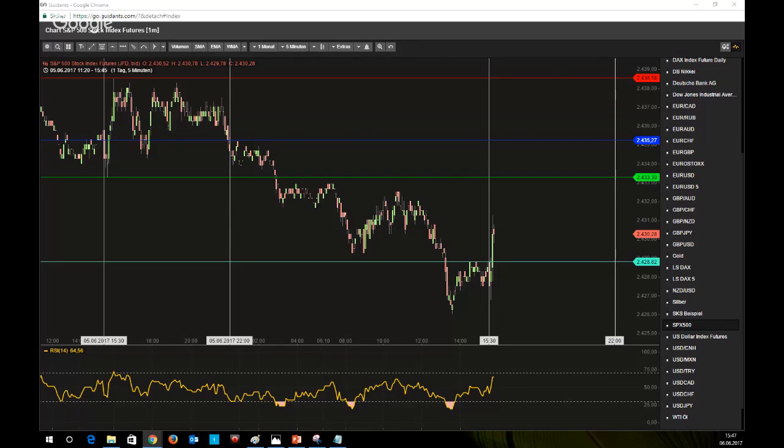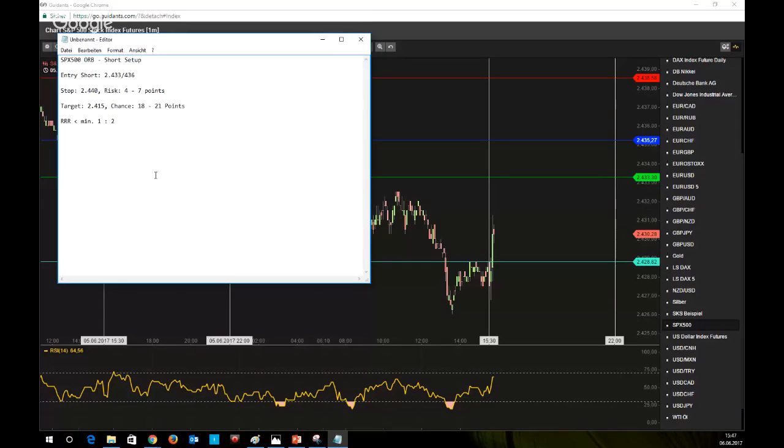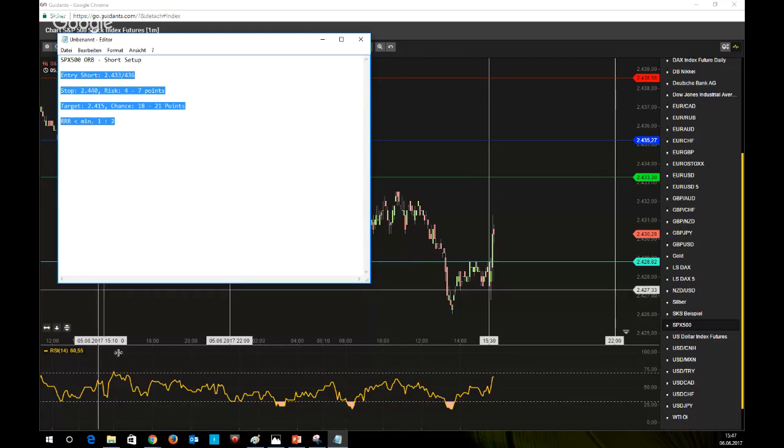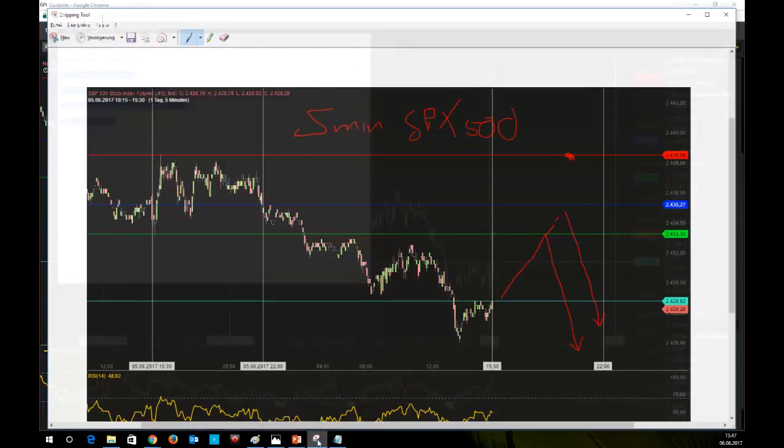If there are no more questions, let's just see whether the setup plays out or not. As already said, trading most of the time is a game of patience, waiting for the setup to be triggered. This is the setup we just formulated, the painted version.